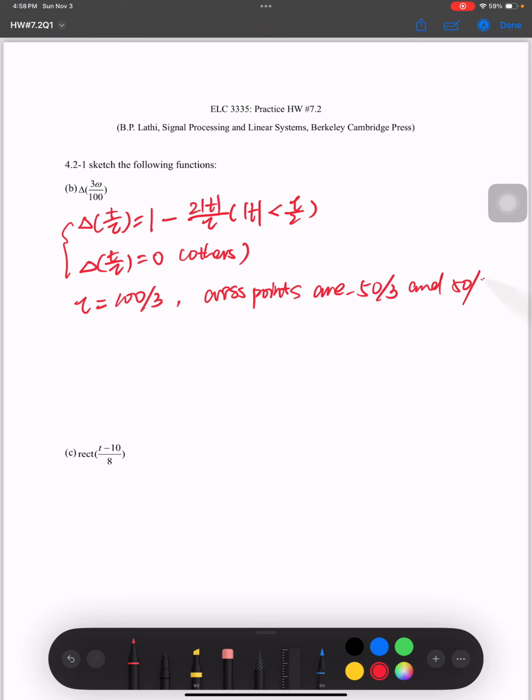If we plot it, it will be just a triangular function, and this is 1, and this is omega, and this is minus 50 over 3, and this is 50 over 3, and there is 0.